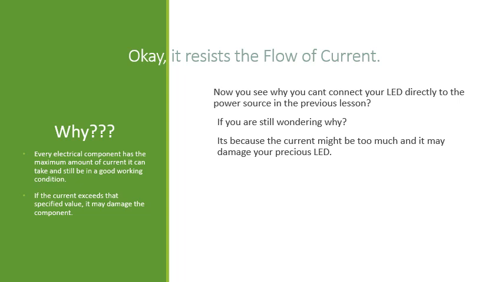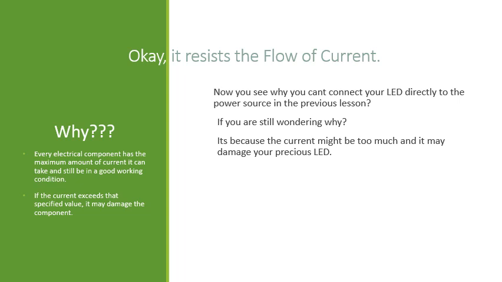Now you know why you shouldn't connect it directly. The current coming out from your 5 volts is too much for your LED. It's more than what your LED can take. If you pass that current directly through your LED, it may damage your precious LED, and you don't want to do that.